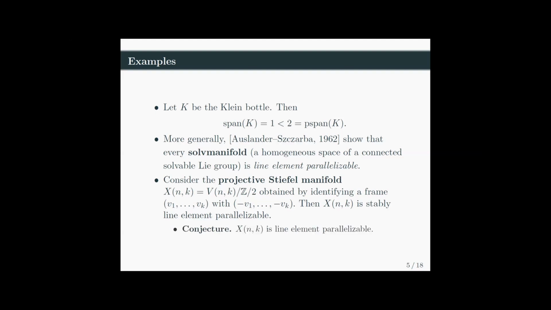I have some dubious circumstantial evidence in the form of computer experiments that this thing is actually line-element parallelizable, but I don't know how to prove that. I think it might be true, and this projective Stiefel manifold is important. It was classically important because knowing its span and also projective span could have implications in something called the generalized vector field problem.